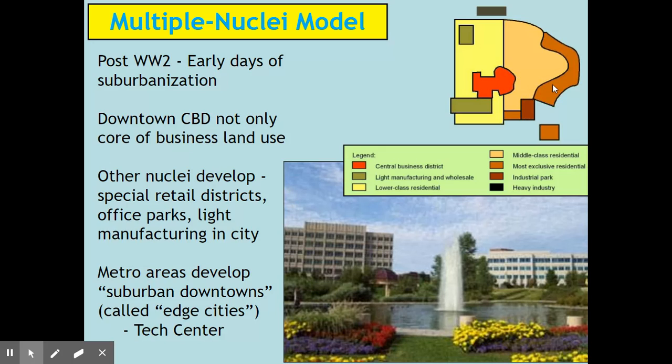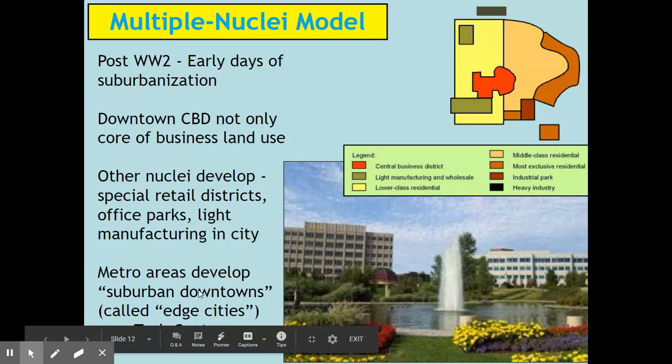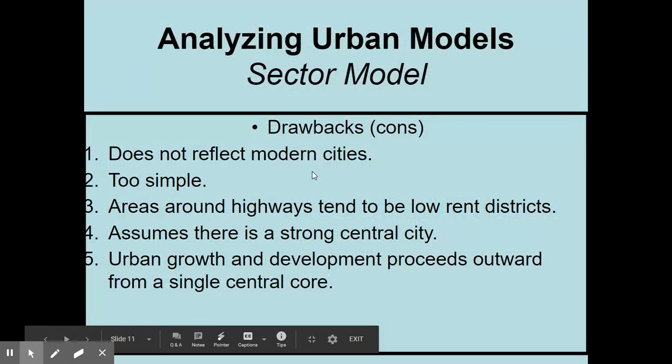So in this multiple nuclei model, the central business district no longer is the total core for all business. You can actually move business to nodes, N-O-D-E. And when those nodes become more fortified, they actually become edge cities. So think about Denver.